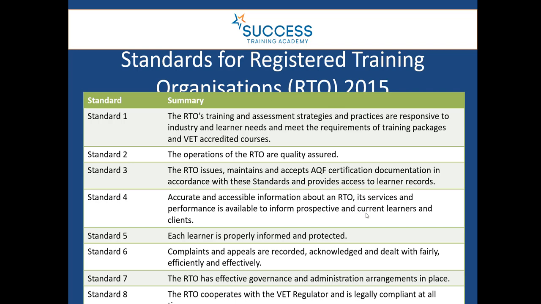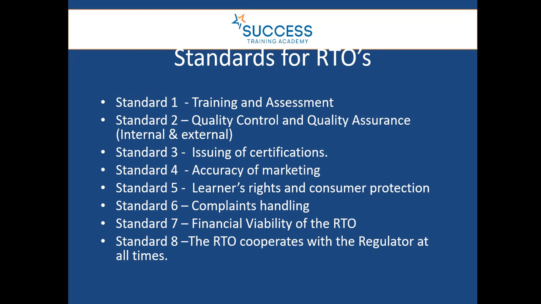Standard 6 is about complaints and appeals. If a student complains, what's the policy around that? How do you handle it? Standard 7: the RTO has effective governance and administration arrangements in place. That includes the financial viability of the RTO. Is cash flow solid?